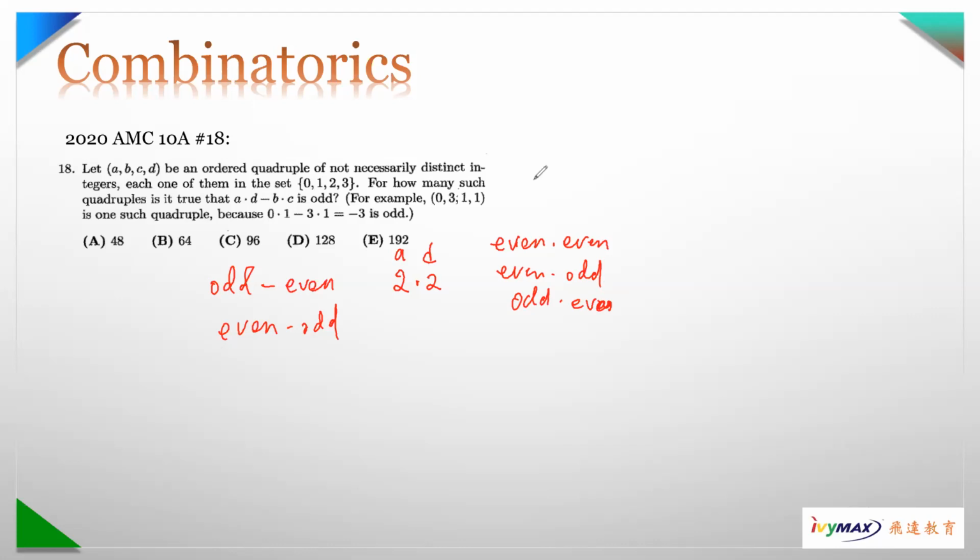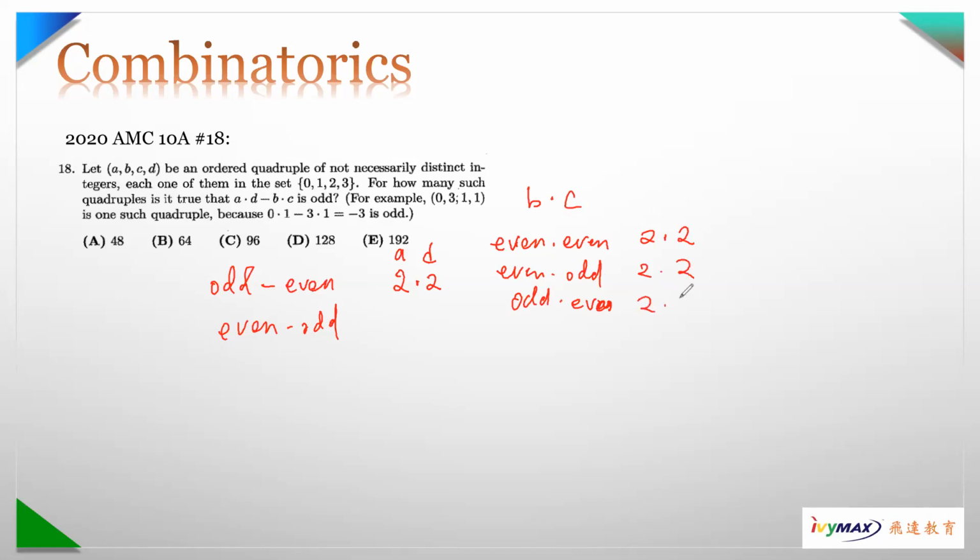So for the selection of B and C, the first one, they can be even and even, so I have two by two cases. The next is also two by two, and this one is two by two as well.